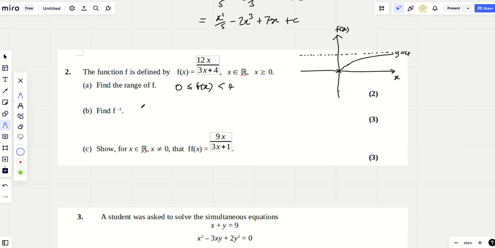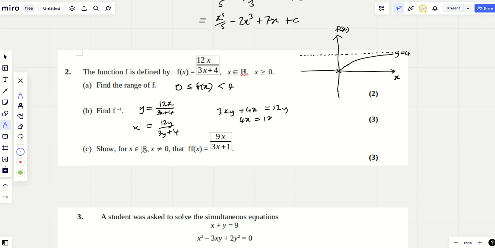The rule for finding the inverse is you can either swap the y's and x's at the start or at the end. Let's just write the function down first. I'm going to swap at the start, but it doesn't matter. And then I've just got to make this y equals. So I'm going to times that over there. I'm going to get 3xy plus 4x equals 12y. Remember, I'm trying to group the y's together here.